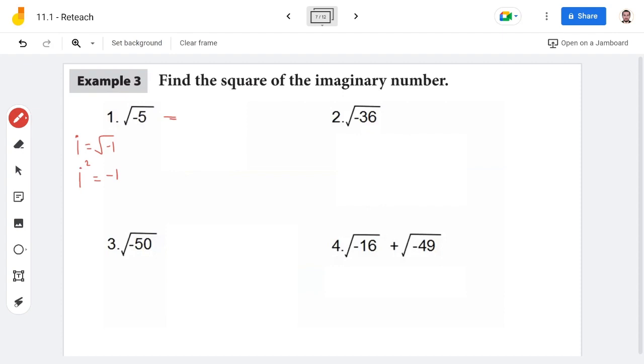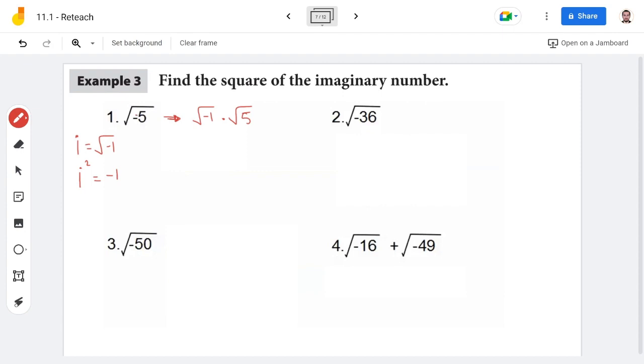Do we have a square root of negative 5? No, we don't. So first, always split your square root into the square root of negative 1 times the square root of 5. Now, maybe some of you will ask me, teacher, why did you do this? I will tell you why.